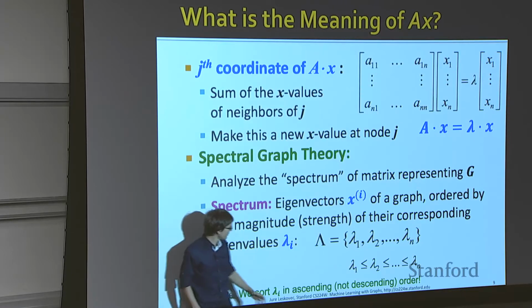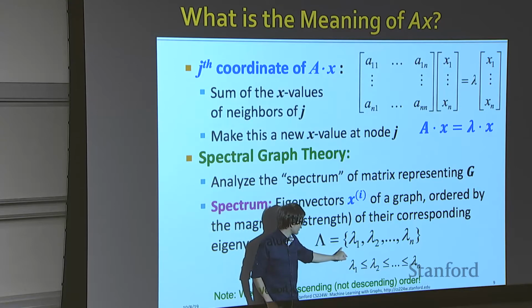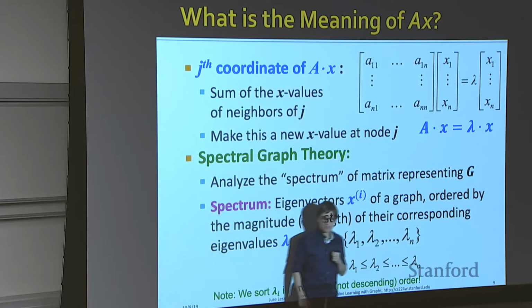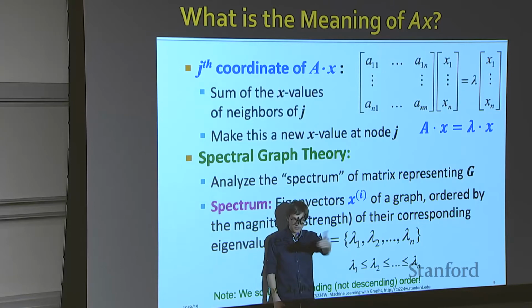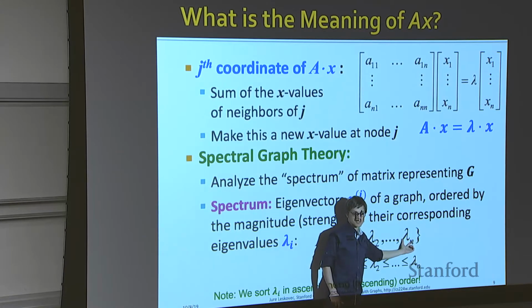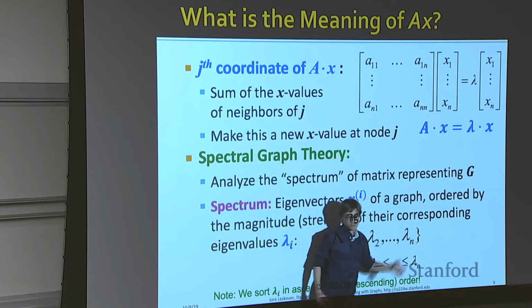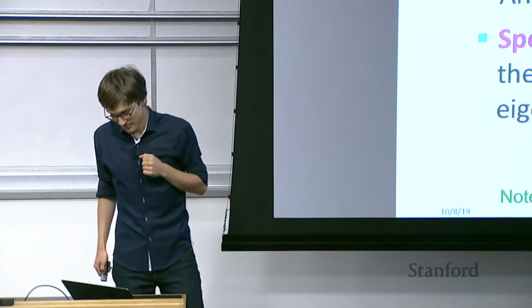Generally, for a graph on n nodes, you get n different eigenvectors and eigenvalues, and we will think of them as ordered, so that lambda 1 is the smallest eigenvalue, and lambda n is the largest one. And each eigenvalue has a corresponding eigenvector. I'll give you some examples to build some intuition, okay?